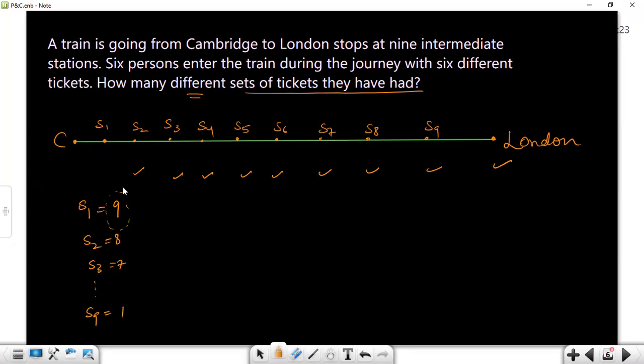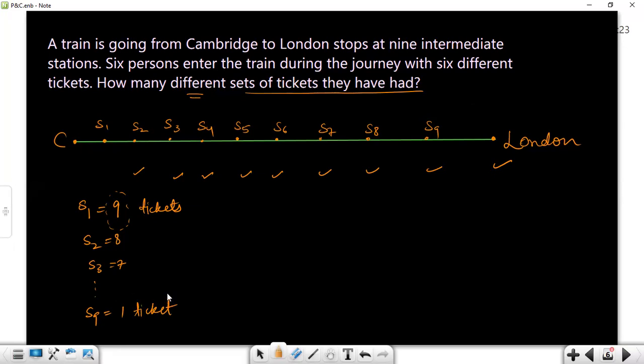Yes, is that clear? Yes, sir. So there are 9 different tickets that can be bought from the S1 station. Similarly for S2, similarly for S3. Now on the 9th station, only one station is left, so only one ticket can be bought.